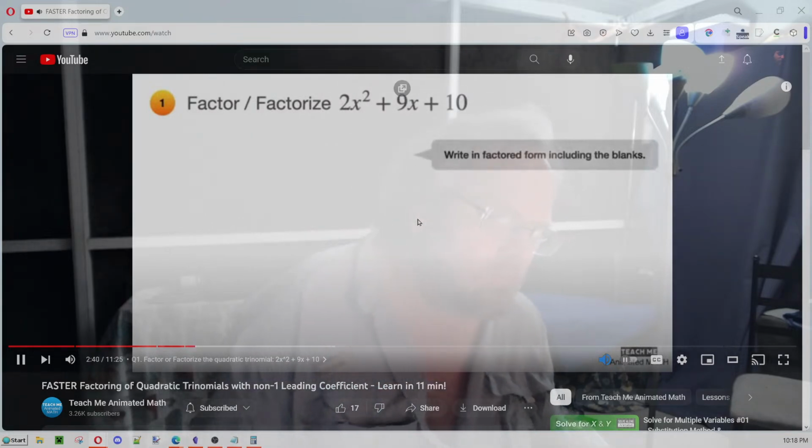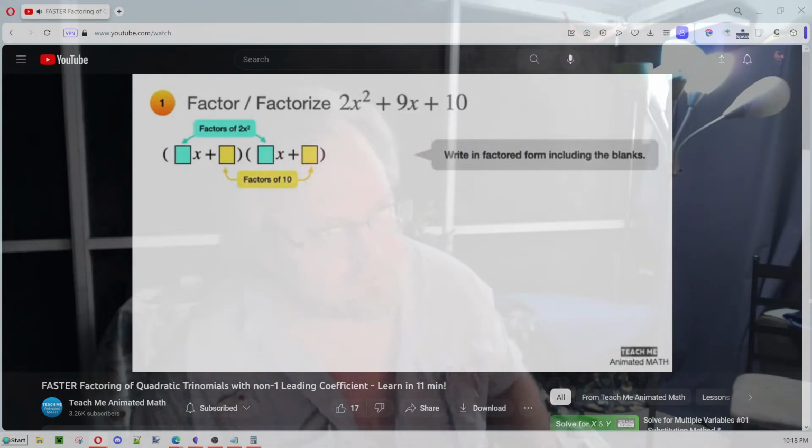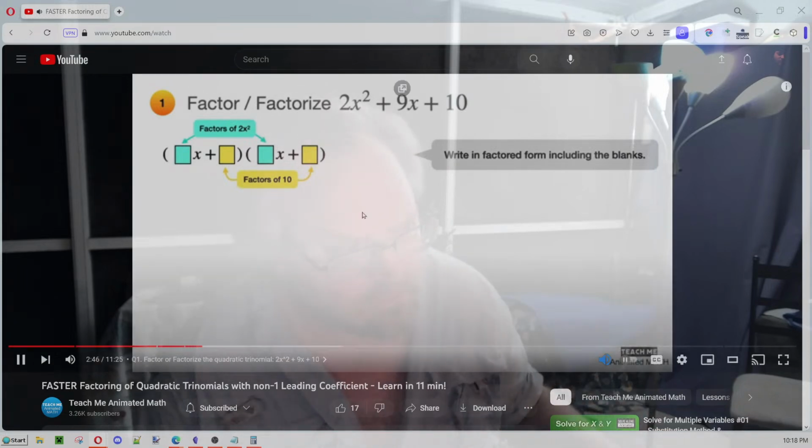Write the trinomial in factored form and include the blanks that we'll fill out later on. There are two cyan blanks for the coefficients and two yellow blanks for the constants.